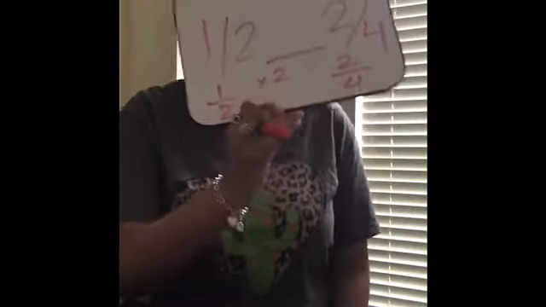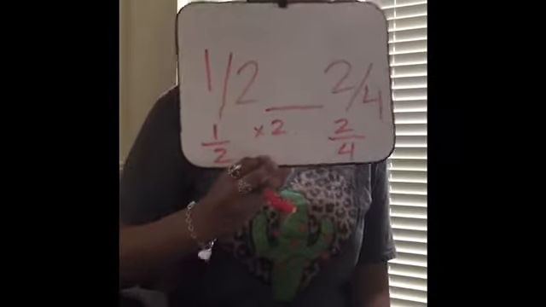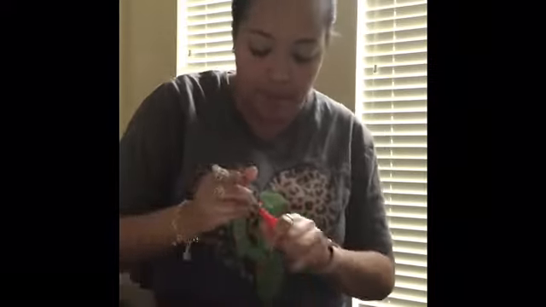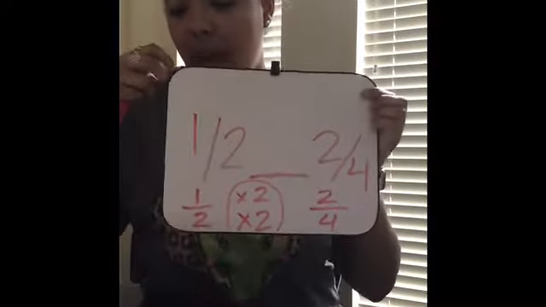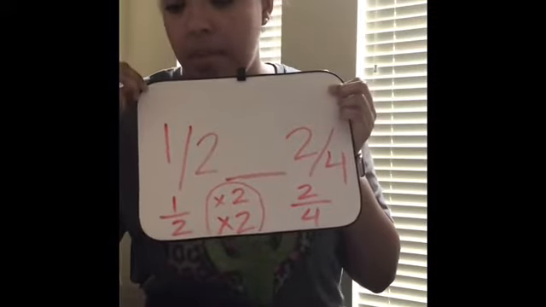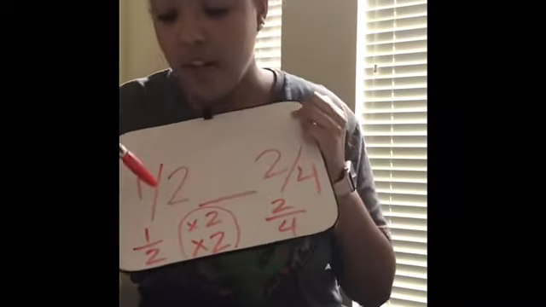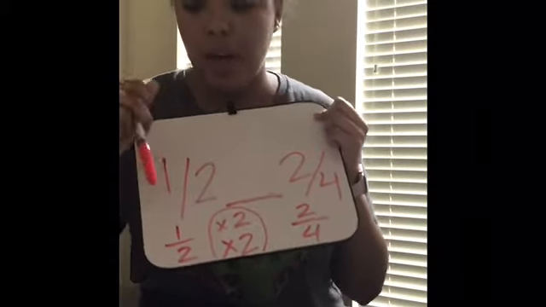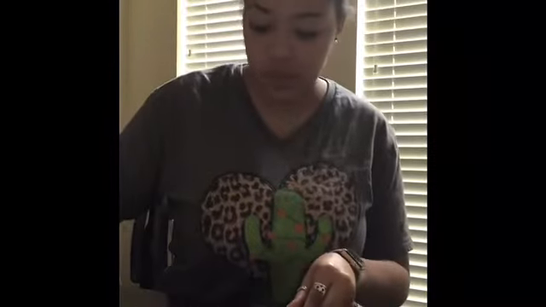Can we do the same? Can we use times 2 for our denominator? Can we say 2 times 2 gives you 4? Yes. So equivalent fractions have this type of pattern. So you can take your first fraction and multiply the numerator and the denominator by the same number. So let's write that in our notes.